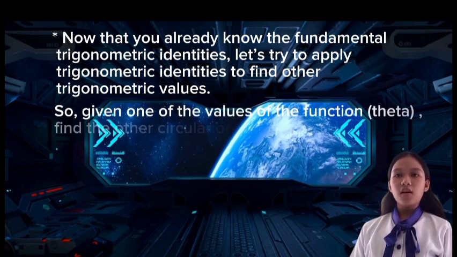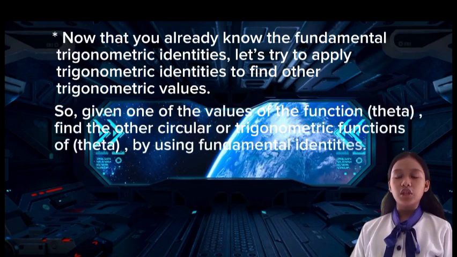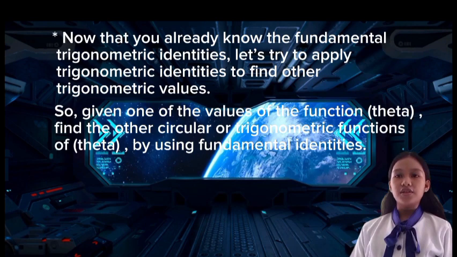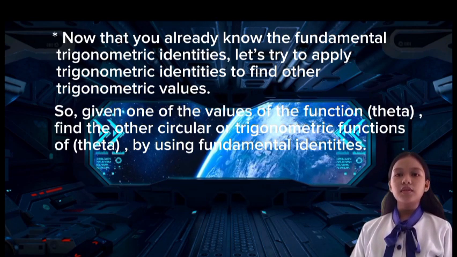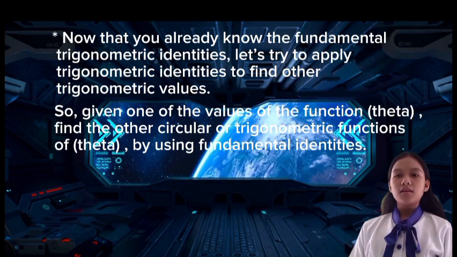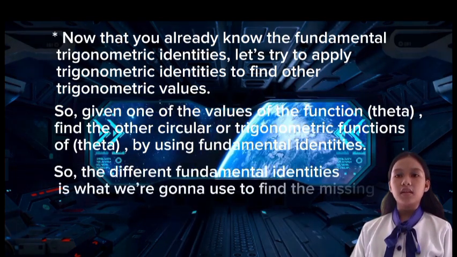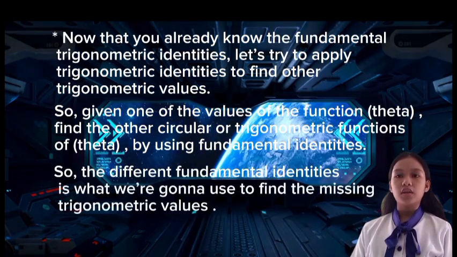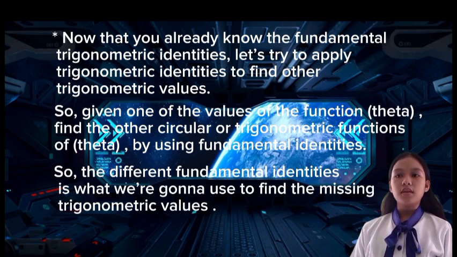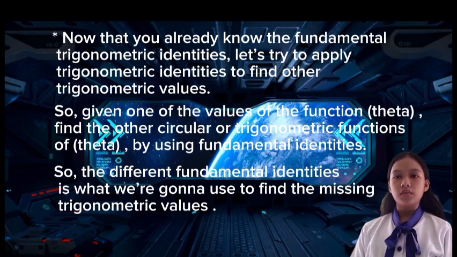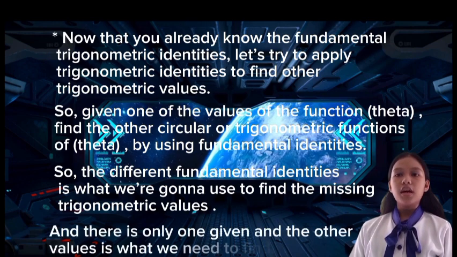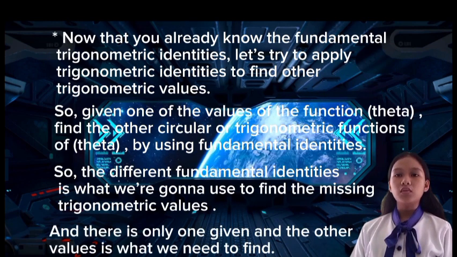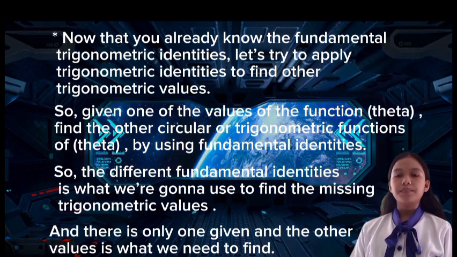Given one of the values of the functions of theta, find the other circular or trigonometric functions of theta by using fundamental identities. So the different fundamental identities are what we're going to use to find the missing trigonometric values. There is only one value given, and the other values are what we need to find.